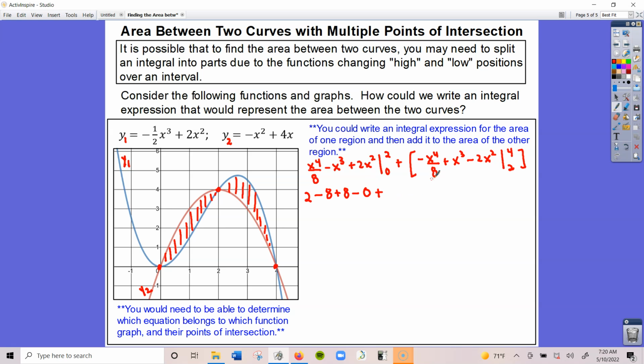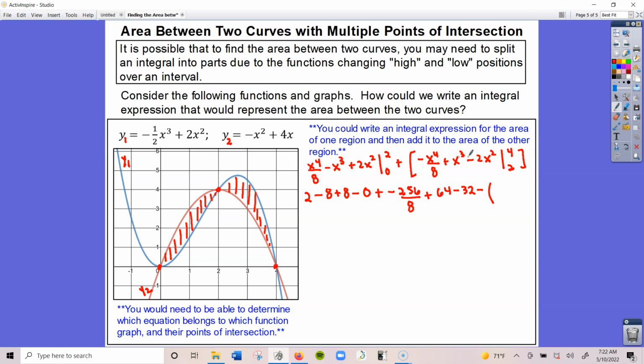So when I plug in the 4, and here I'm going to eliminate the bracket because I'm already starting to do my evaluation, this would be negative 4 to the fourth. 4 to the fourth would be 256, so negative 256 over 8 plus 4 to the third is 64 minus 4 squared is 16 times 2 is 32.